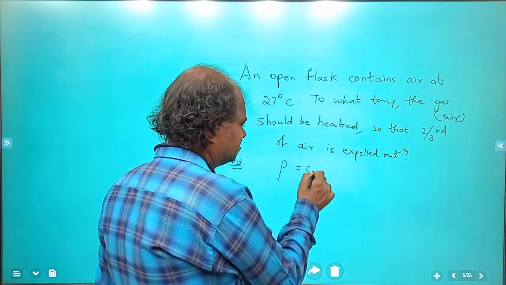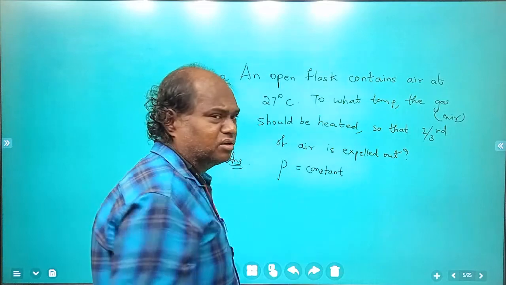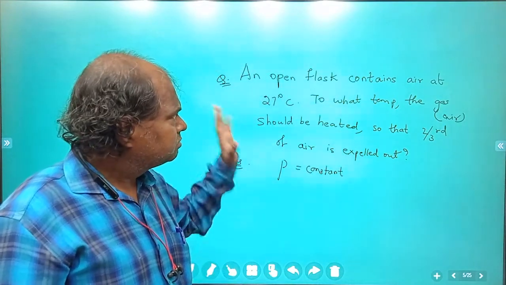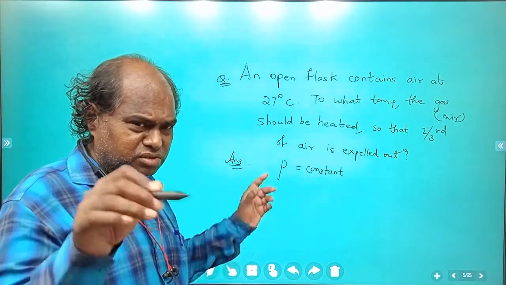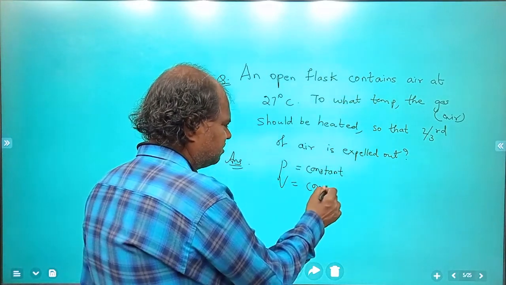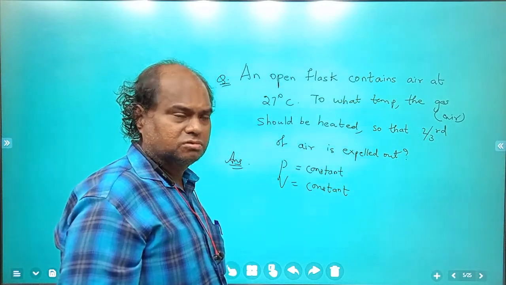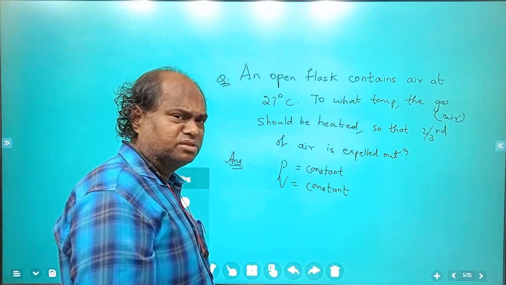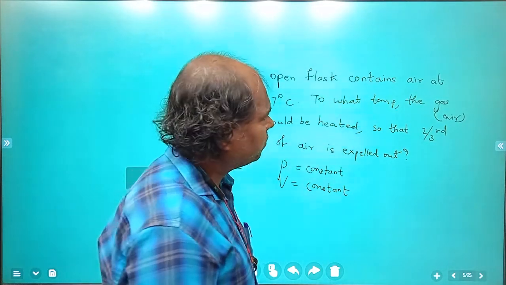Pressure is constant. The atmospheric pressure acting on it, right? Fine. Pressure is constant. Volume is obviously constant because you're using the same flask, right? So volume is also constant. Same flask. Friends, getting it? Whenever it is open, pressure is constant. Volume obviously is constant. Same flask, right?